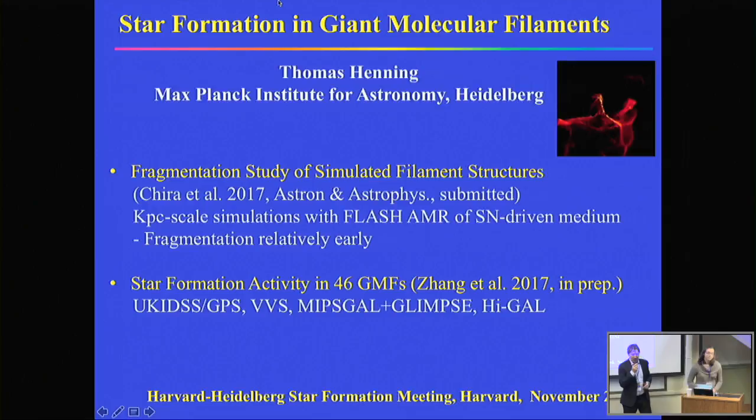So I'm continuing to be interested in star formation in large fragments, and we actually did 2 studies in the last year. We took numerical simulations and asked the question, is the Oesterreicher criterion the right criterion to predict fragmentation? What we found is that the fragmentation occurs much earlier in these fragments than predicted by the classical Oesterreicher criterion.